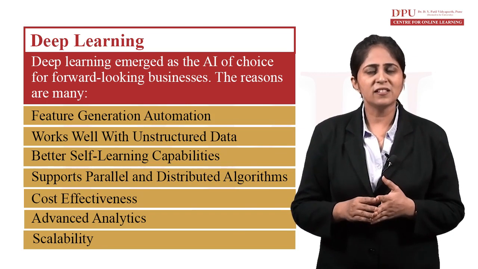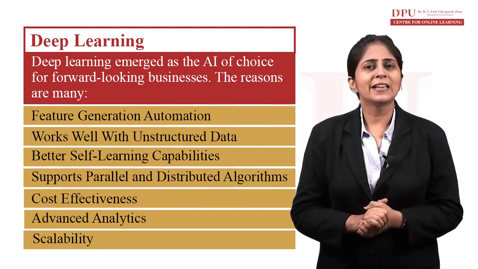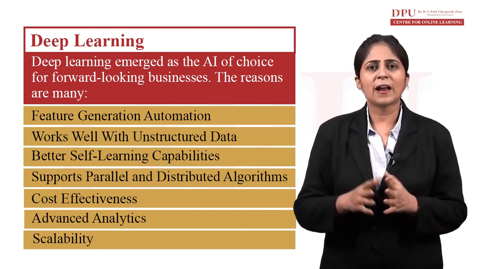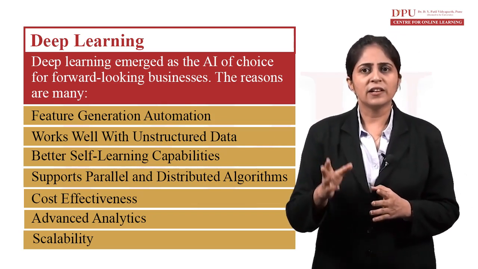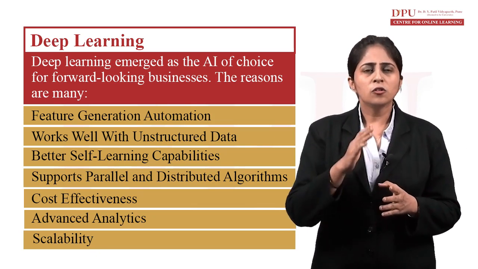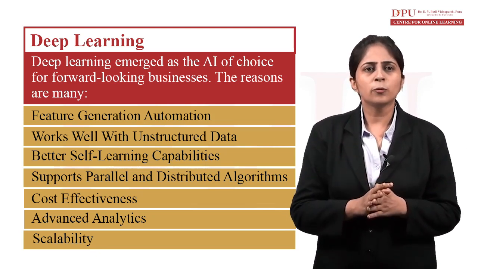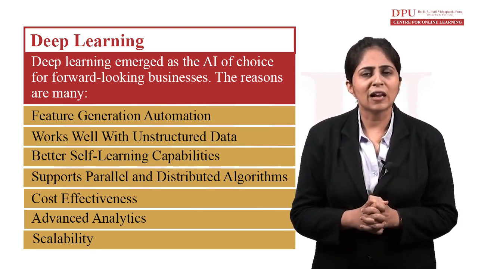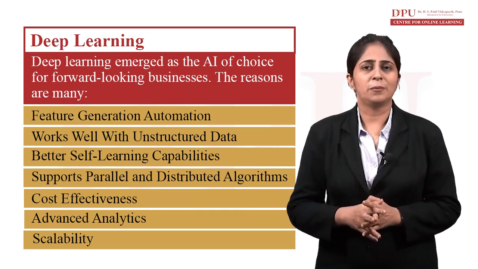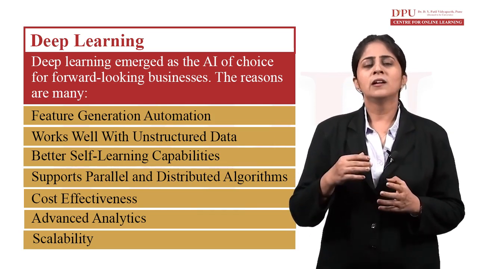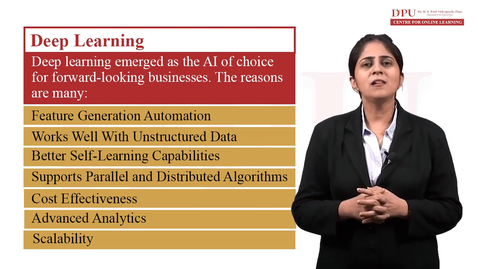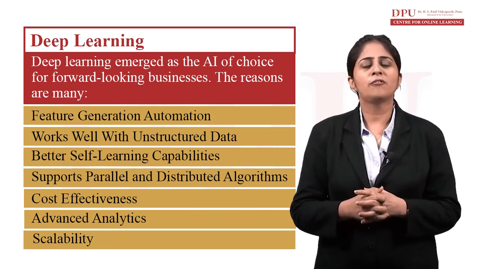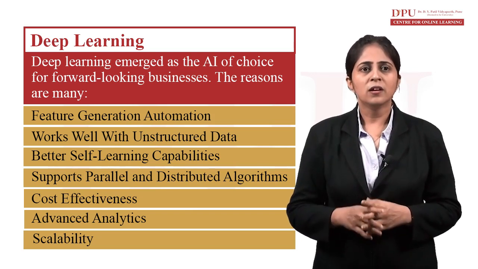For example, the Google Cloud AI platform prediction allows you to run your deep learning neural network at scale on the cloud. It is so scalable. This is an example of the scalability of our deep learning model.